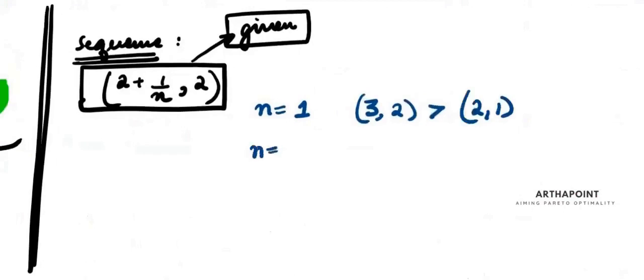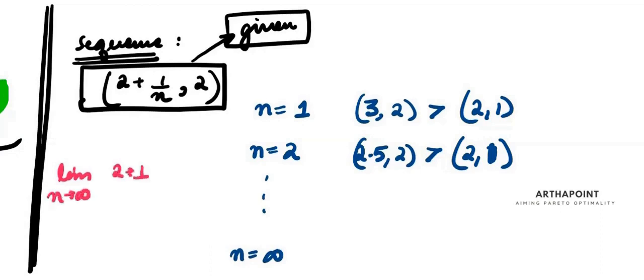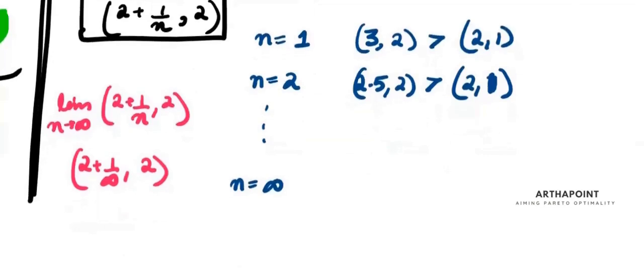Put n equal to 2. You will get 2 plus 1 by 2, which is 2.5, comma 2. So this is also preferred over 2, 1. This is given to you. Now let's check for infinity. Taking the limit as n tends to infinity of 2 plus 1 by n, comma 2, this will be 2 plus 1 by infinity comma 2, which is 2 plus 0 comma 2, so 2 comma 2.